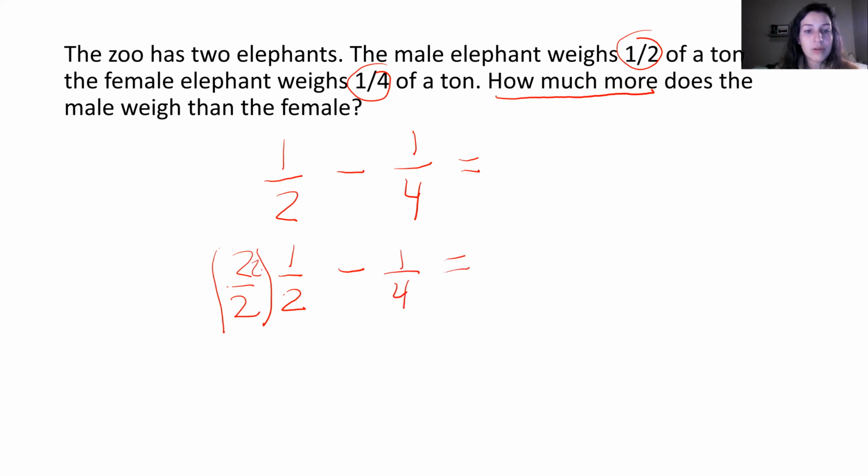So 2 times 1 is 2, and then 2 times 2 in the denominator is 4, minus 1/4. And for that, our final answer will be over 4, because in fraction addition and subtraction the denominator stays the same. And then our numerator is just 2 minus 1, which is 1. So that was straightforward enough. Let's move on to the next problem.